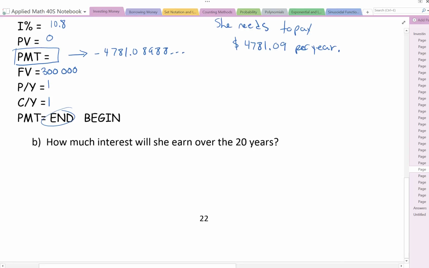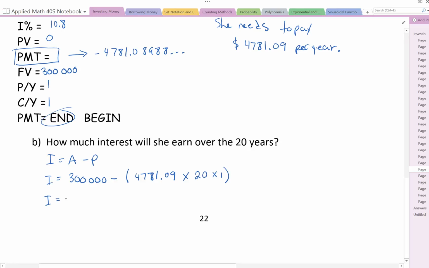B says how much interest will she earn over the 20 years. So again, we can do this one of two ways. We can say that our interest is our future value minus our principal. In this case, that would be that $300,000 minus, now our principal is going to be our payment, which is $4,781.09 times 20 years, and we're going to do one payment per year.